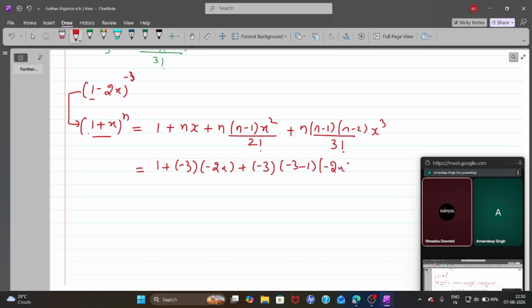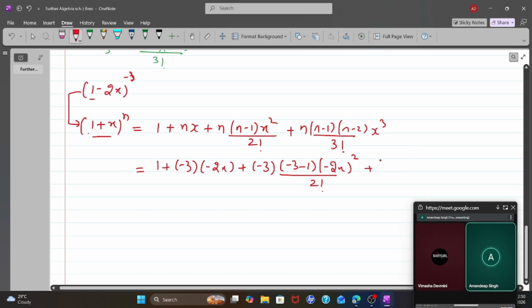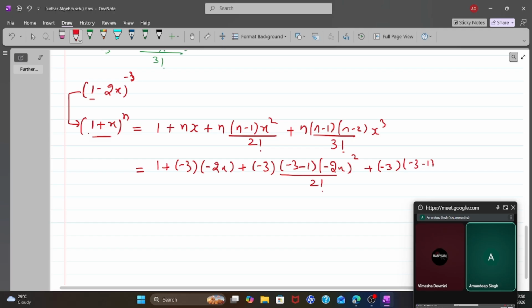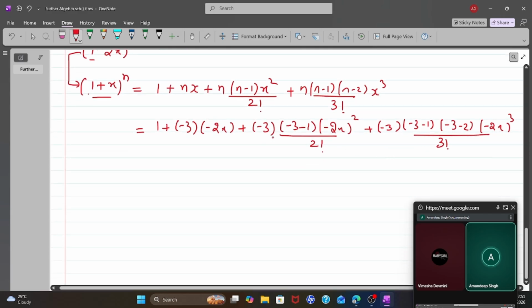So minus 2x square divided by 2 factorial, and it is minus 3, minus 3 minus 1, minus 3 minus 2, and minus 2x to the whole cube divided by 3 factorial, because we have to write the expansion up to x cube only.